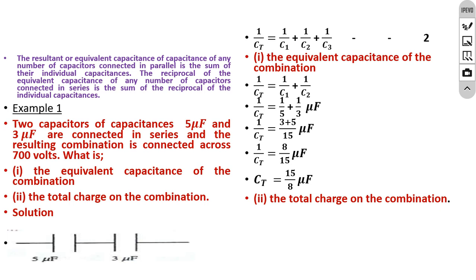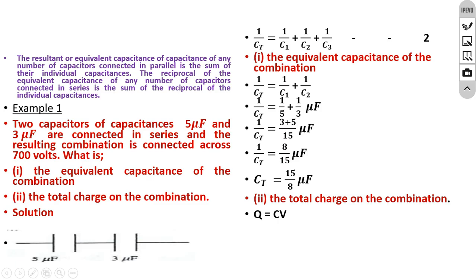The next one said the total charge on the combination. Recall that Q equals to CV. So Q represents the charge. We have been able to solve for C, the equivalent capacitance, where we have CT. And we were given in the equation 700 volts, the potential difference.